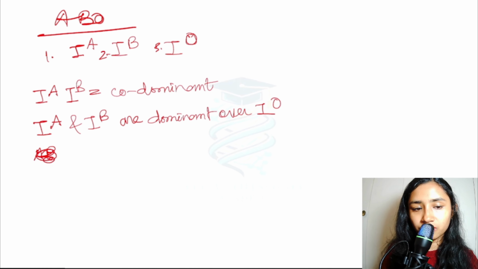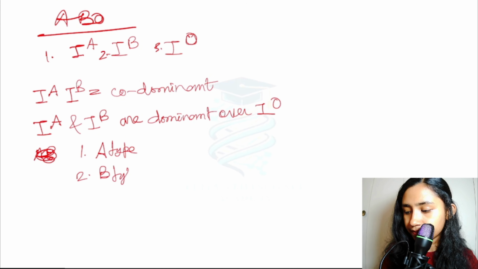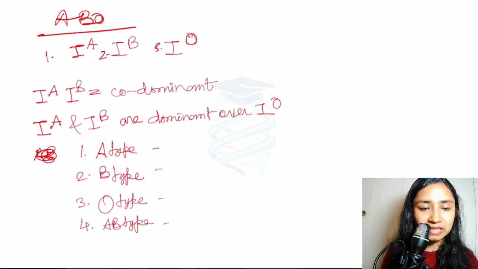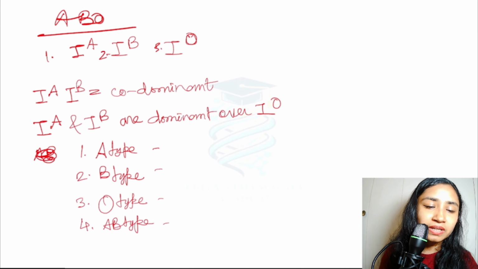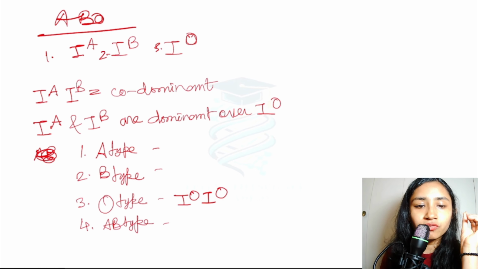So there are 4 types of blood group we know: A type, B type, O type, and AB type. It's very easy to predict O type. If you have O blood group, then your alleles must be IO IO, because the O allele is a recessive allele.